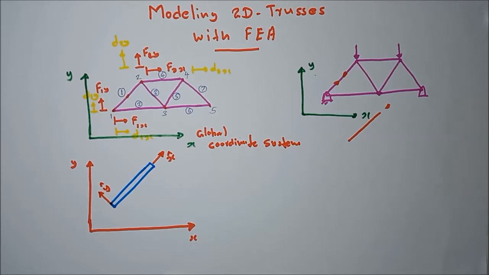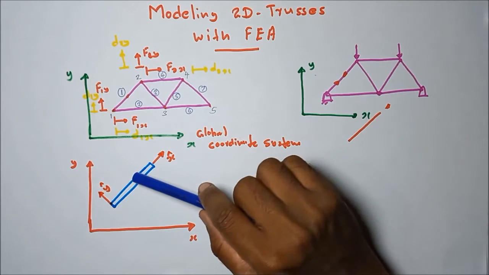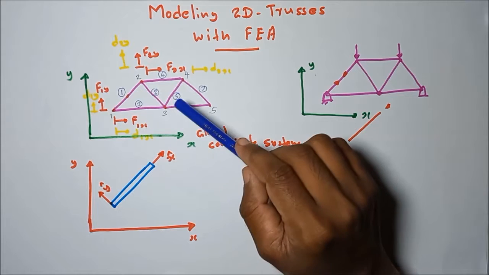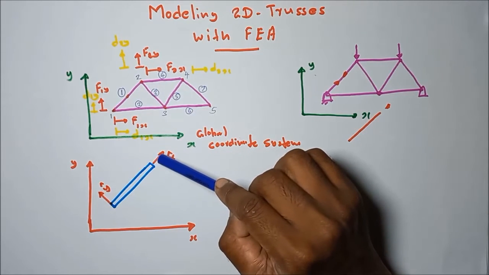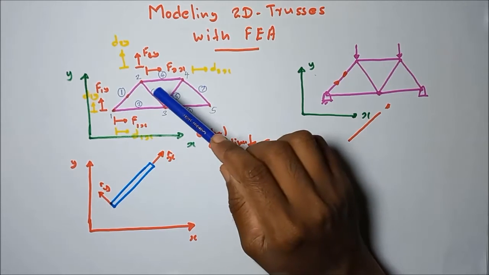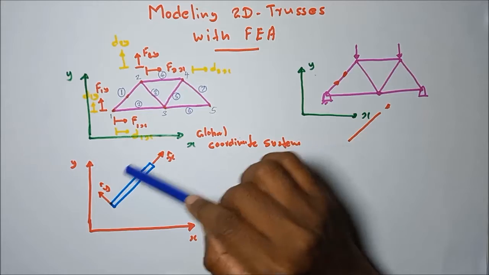The global coordinate system is assigned for the entire trusses structure. Then the local coordinate system is assigned according to the orientation of each and every element separately. So this is the local coordinate system for the first element. But if we take the third element, that may be different from this coordinate system.